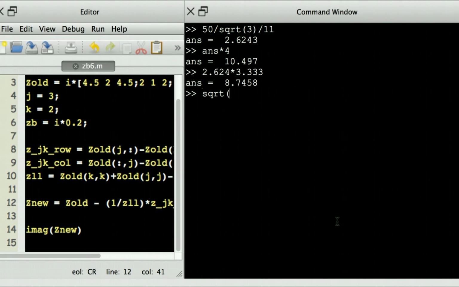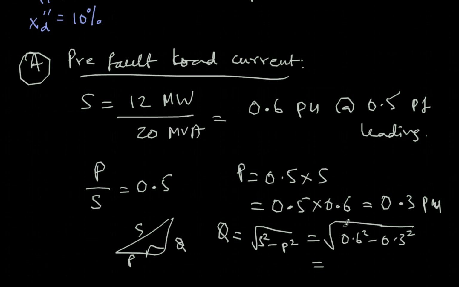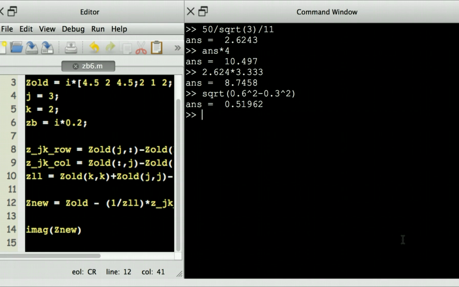Square root of 0.6 to the power of 2 minus 0.3 to the power of 2. I'm getting 0.51 or 0.52. So 0.52.